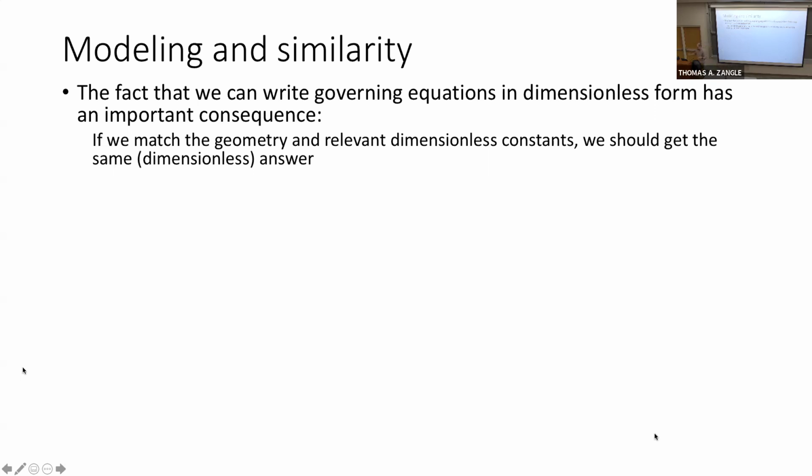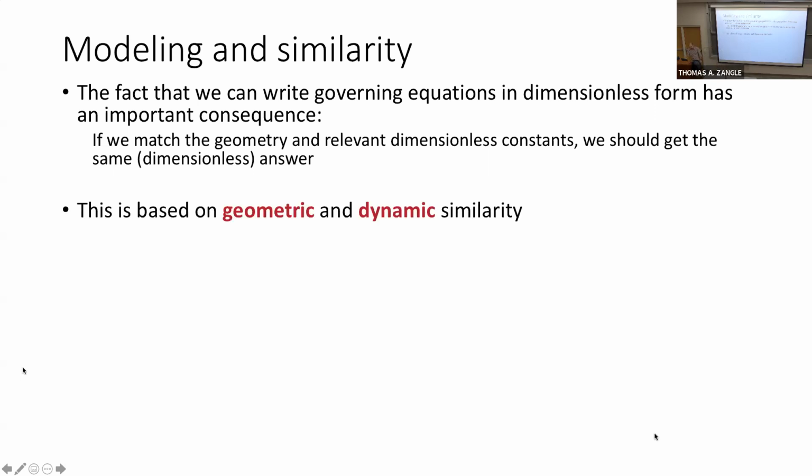Because we said it's just the Reynolds number coming out of our equations. So we call these two concepts geometric and dynamic similarity. Geometric similarity means that the system has the same geometry, the same shape. Maybe a different size, right? We may scale the size, but we have the same shape.